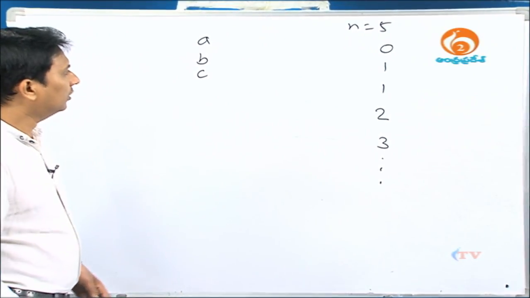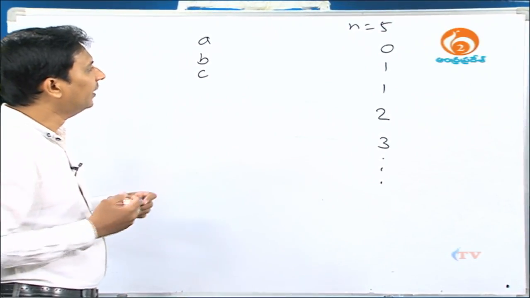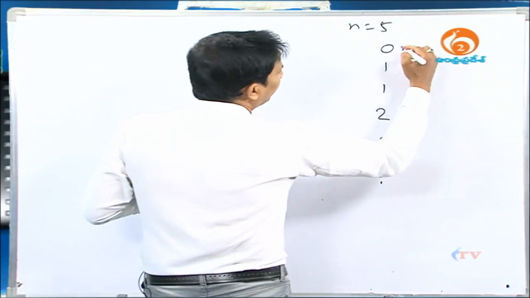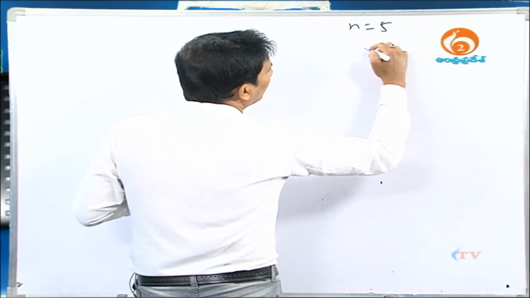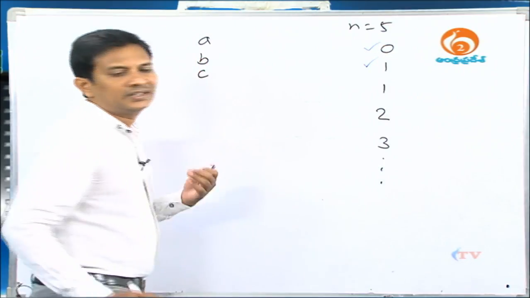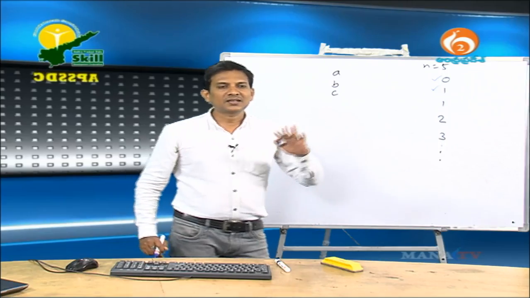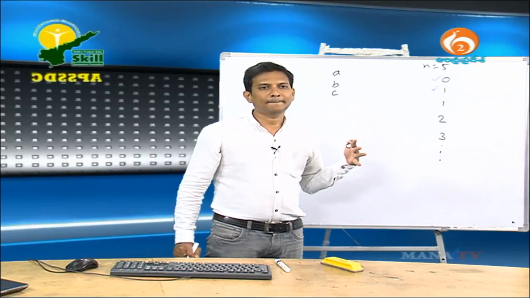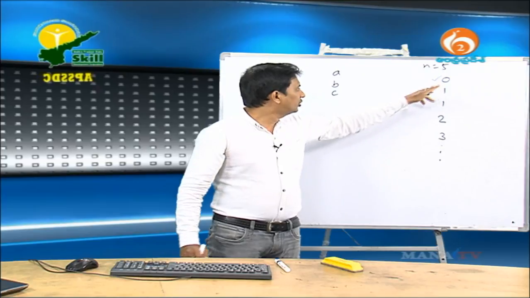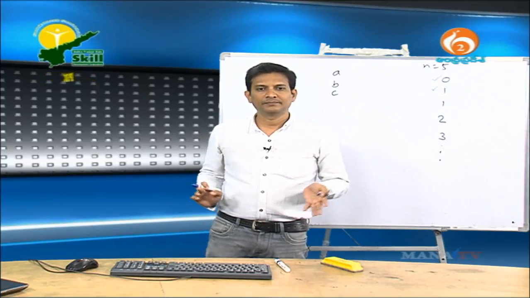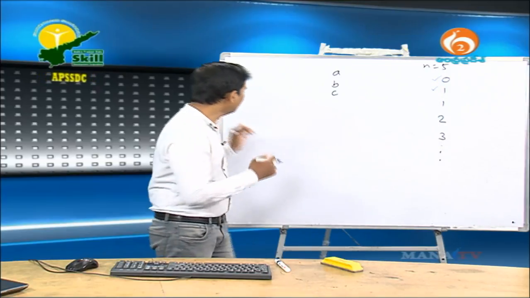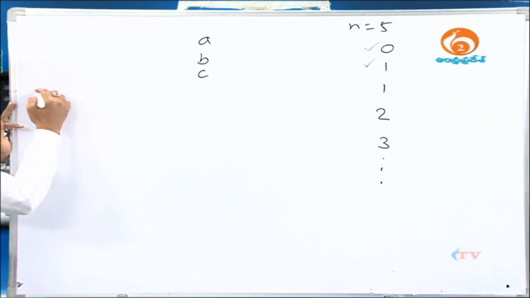So how will this logic be designed? The first two values, 0 1, we know already, because every Fibonacci series starts with 0 1. So 0 1 we displayed, by simply writing System.out.println a and b.